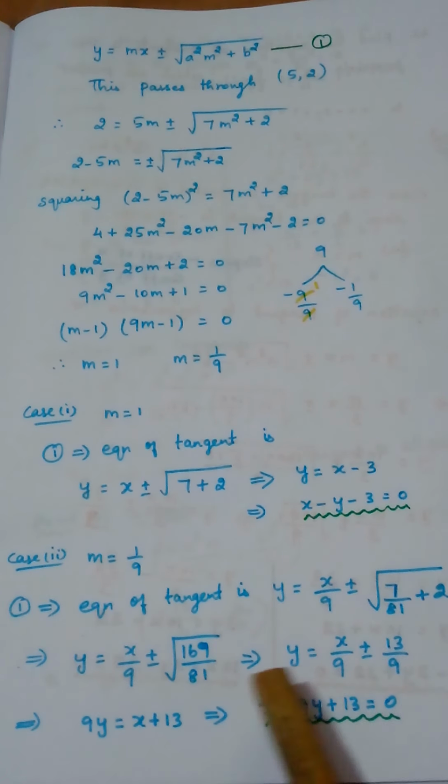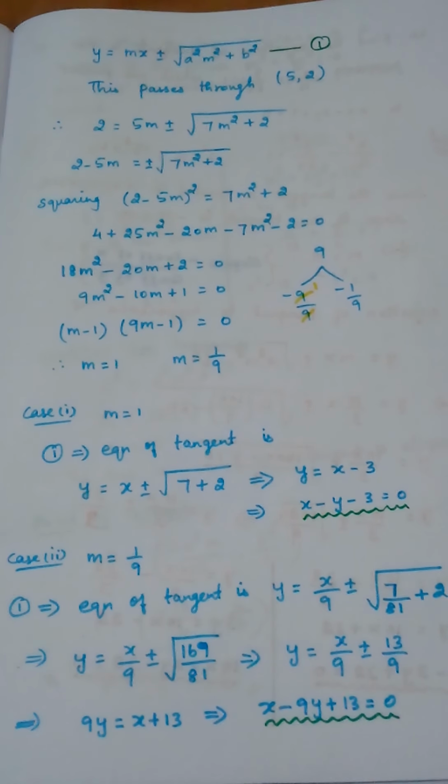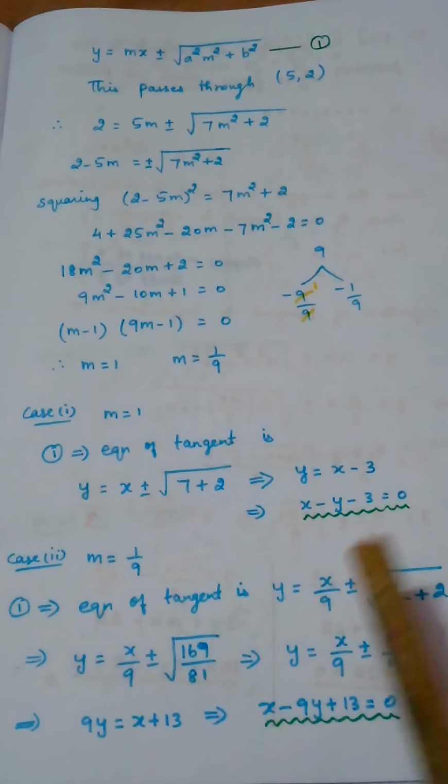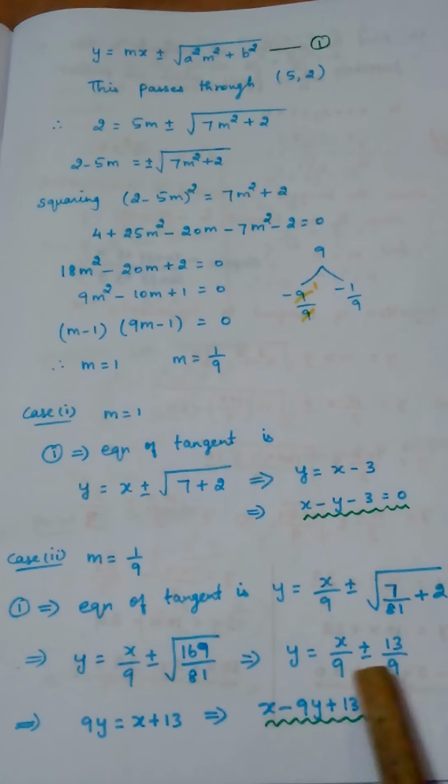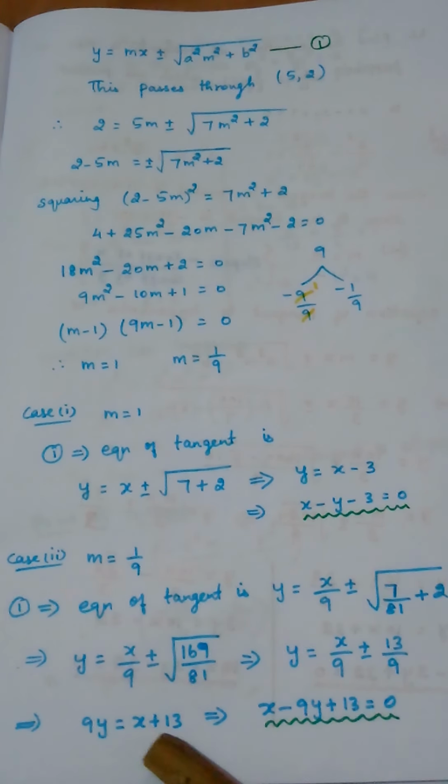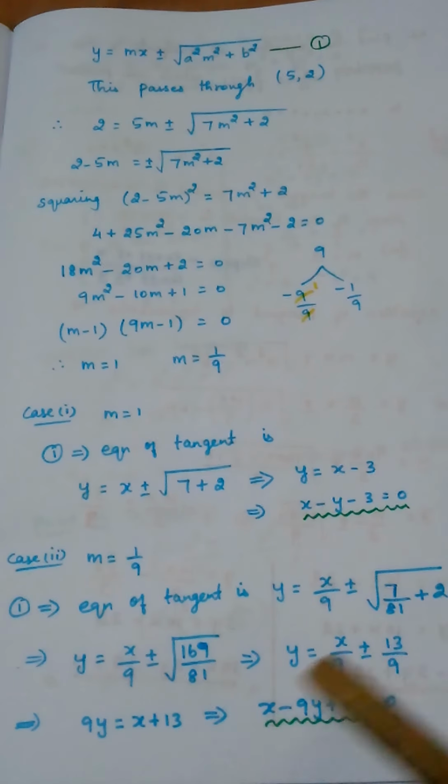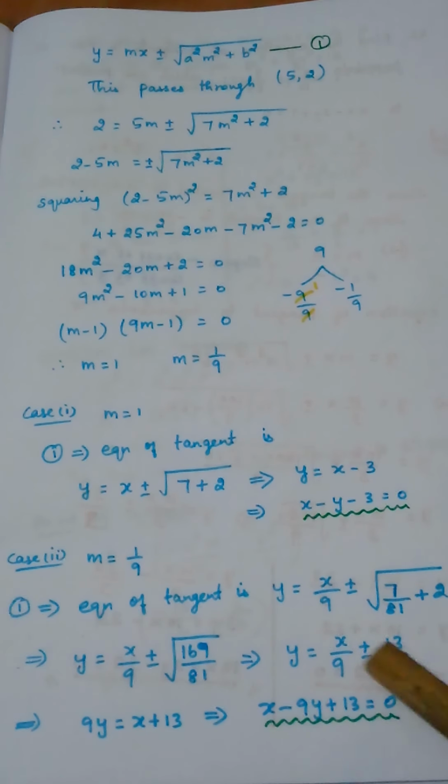So here 9y is equal to, how 9y? Because both are the same numbers, I can just cross multiply here. 9y is equal to x plus 13. How does x plus 13 come? There is a plus or minus, and here I am taking only plus. You can take minus and do the sum too.